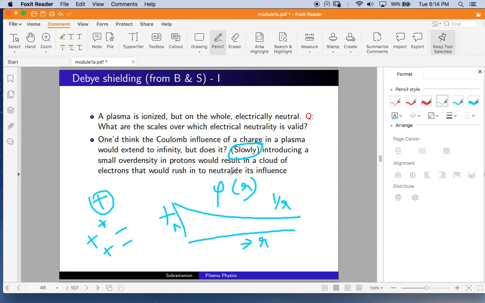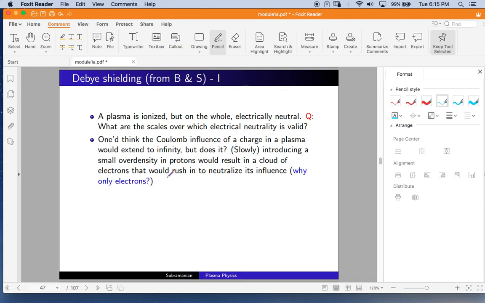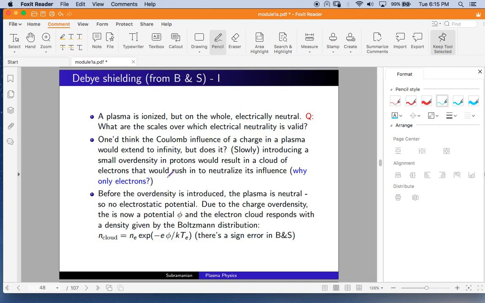This is what I really mean by slowly, and I'd urge you to think about this a little carefully. Now electrons are very mobile. Protons are 2000 times more massive, so they're sluggish, they have much more inertia. When you introduce this charge imbalance, the electrons will rush in to neutralize its influence. Why only electrons? We just discussed this.